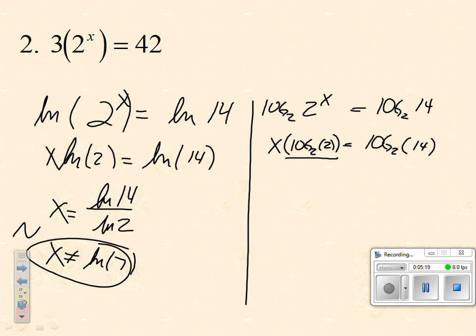What number is this? 1. That yields the answer, log base 2 of 14. If you apply the change of base rule here, isn't that where you go?